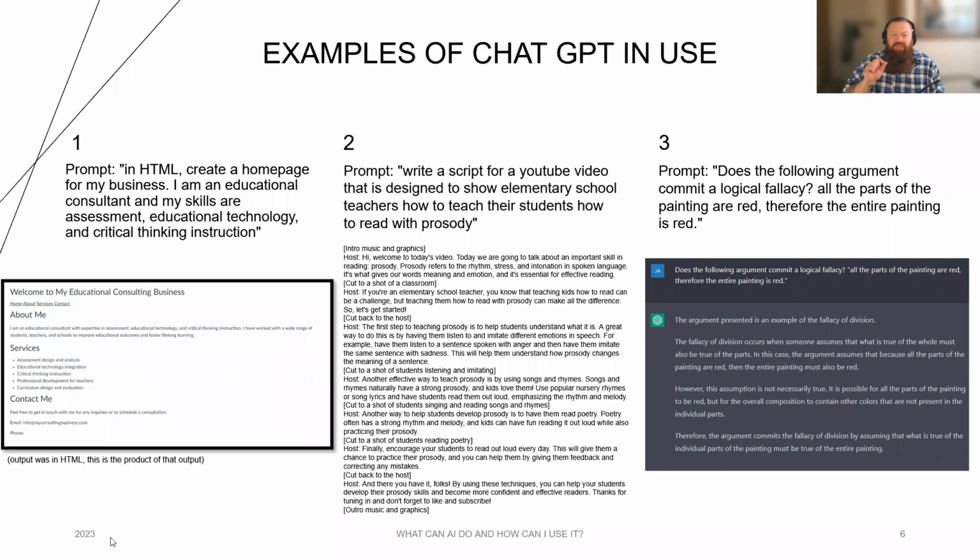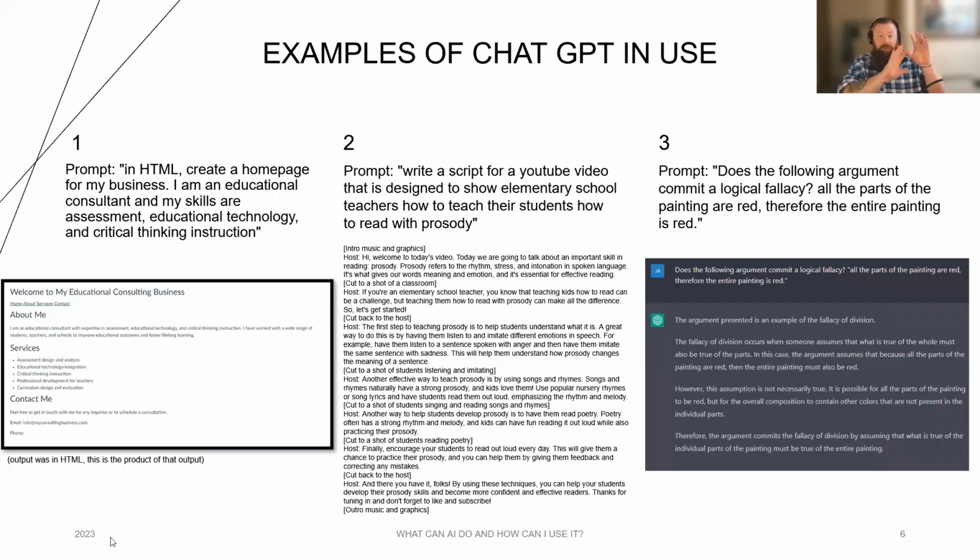This last one is the most interesting to me because it highlights some of the limitations. The prompt I gave it was, does the following argument commit a logical fallacy? All the parts of the painting are red, therefore the whole painting is red. That's a fairly simple thing for a human to identify, right?